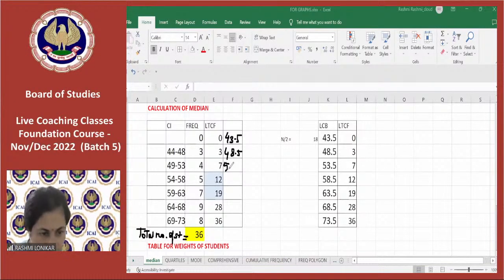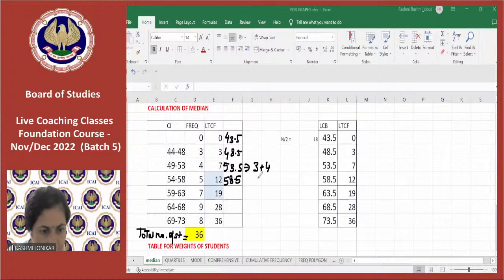Then 53.5, how many students do I have whose weight is less than 53.5? This is 3 plus 4. Okay. Then how many students are there whose weight is less than 58.5?